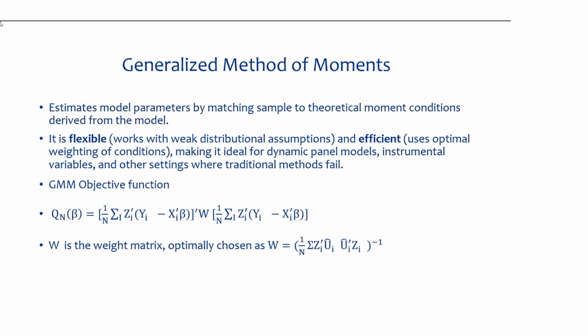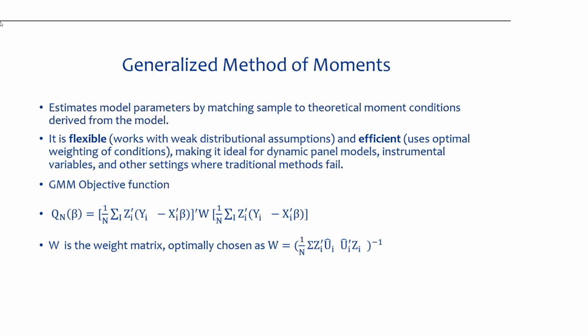Now what do we do? Once you have the objective function, what you need is to find the value of beta, right? So we are going to do a minimization exercise here. Basically, we take delta Q beta by delta beta.